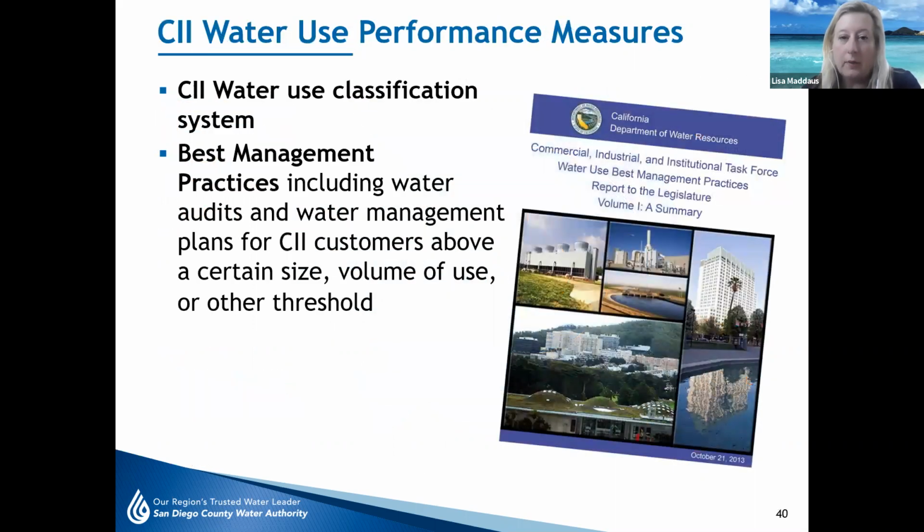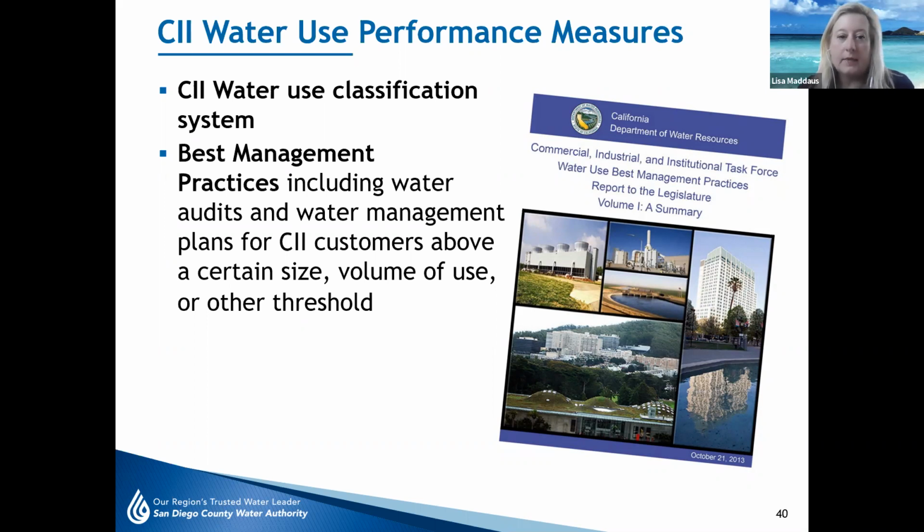So the three principal areas for CII water use that are considered performance measures are that there will be a CII water use classification system that is more standardized, if you will, so that we have the ability to roll up and look at water use in the CII sector.